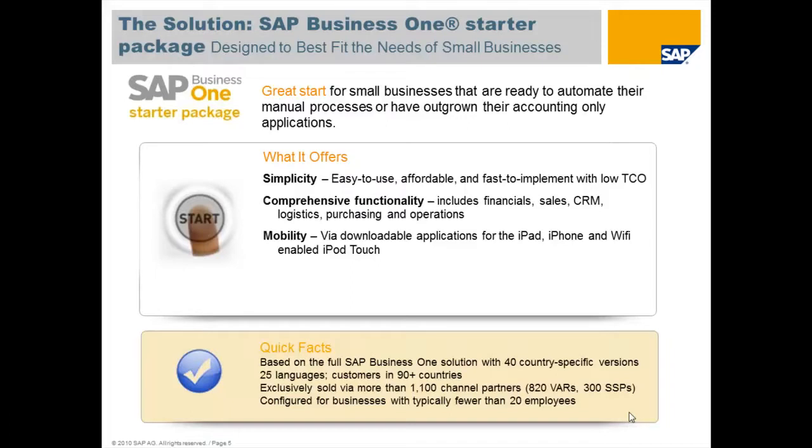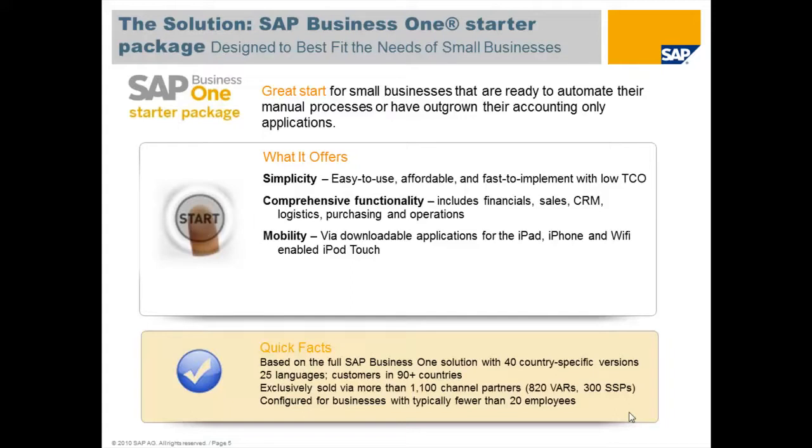You may have heard of SAP Business One before. The Starter Package is actually based on the full SAP Business One solution, for which we have 40 country-specific versions available in 25 languages and customers in 90+ countries. So all of those languages are available in the Starter Package.